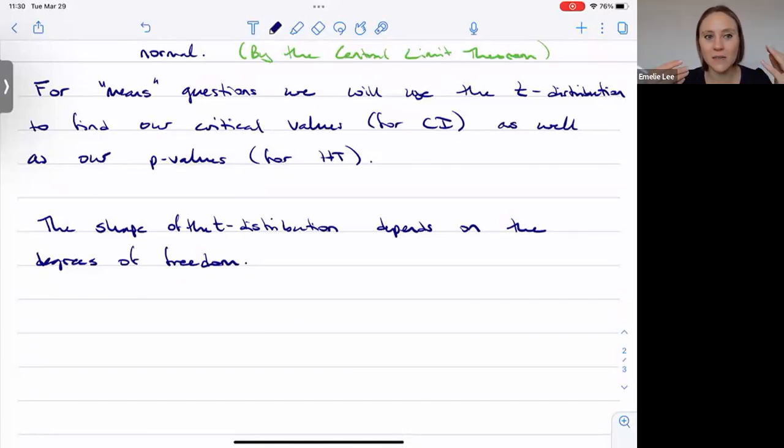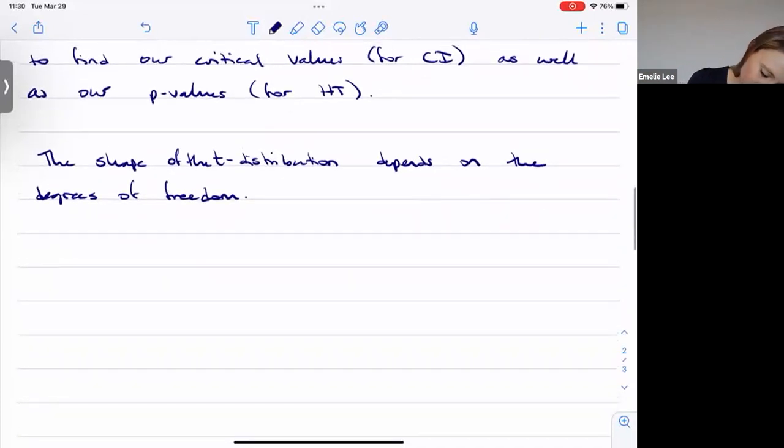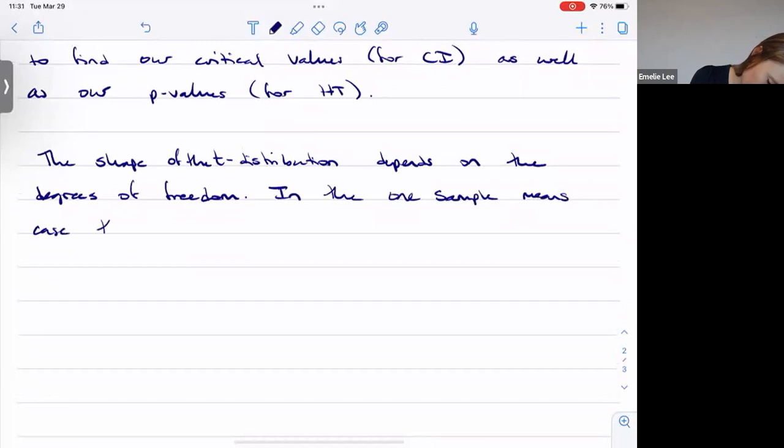So the degrees of freedom depends on what type of question I have, and that tells me how to find it. In the one sample means case, the degrees of freedom, which I'll abbreviate DF, is n minus 1, the sample size minus 1.